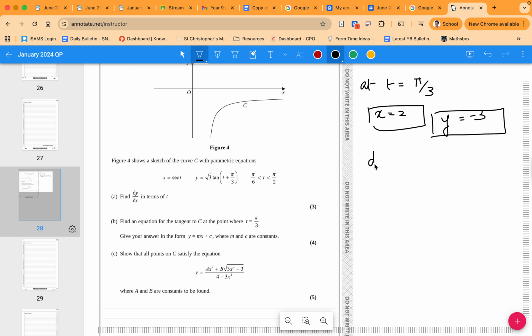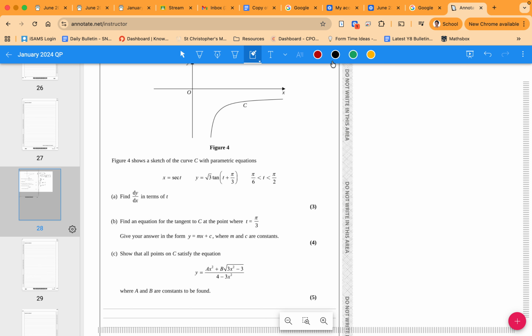We know dy by dx has been given, we found it in the previous part, and if you plug in t equals pi by 3 in there, you will get the gradient as 2. Remember when you're plugging in sec, you have to plug it in as cos, so make sure that you plug it in correctly and you put in y equals 2x plus some c that's passing through this point, and once you make the equation properly, it's going to come out as y equals 2x minus 7. So that will be your answer for part B.